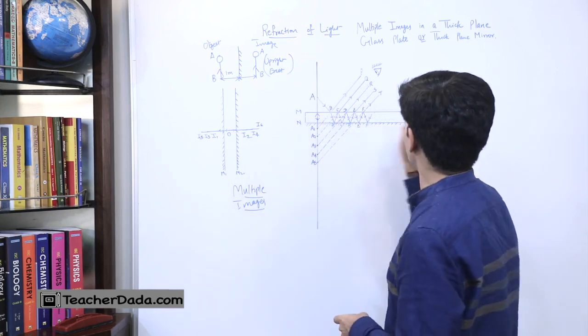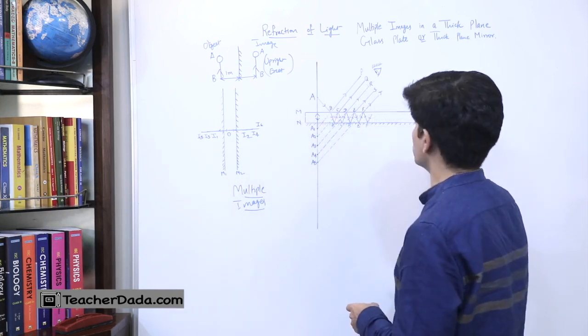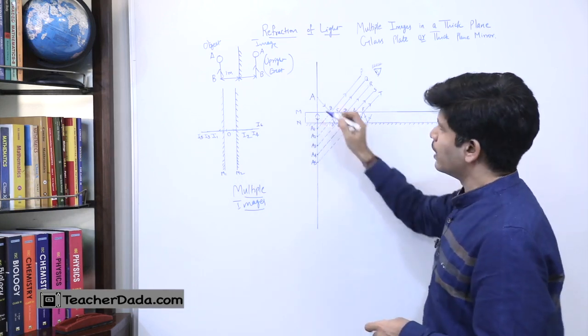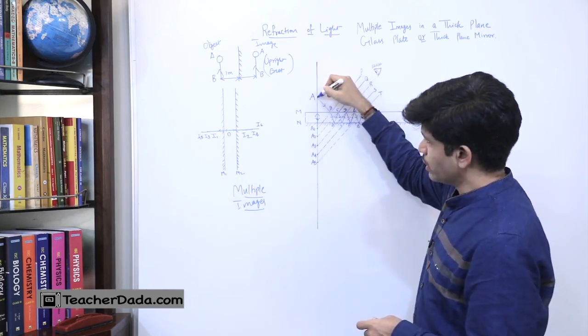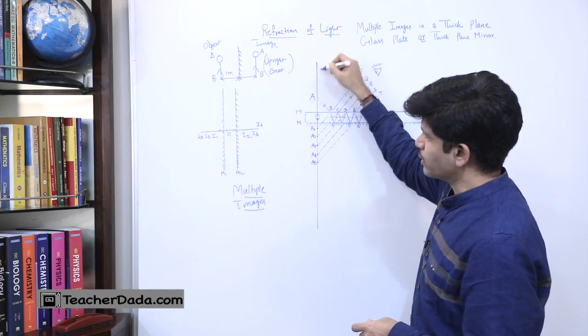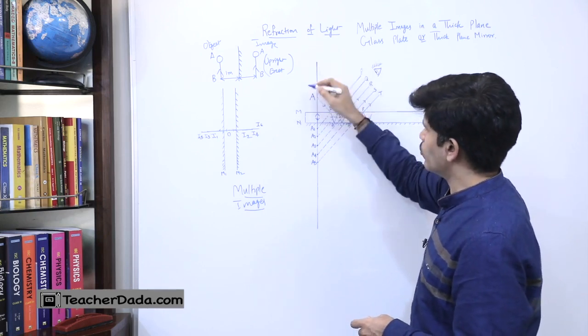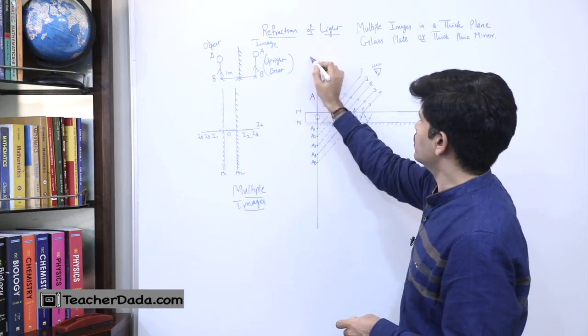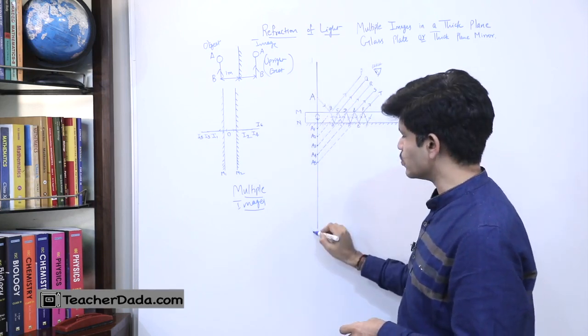Now we have a thick plane glass plate, or we can say a thick plane mirror, and that is L, M and P. Over here we have taken an illuminated object on this line. If you want we can label this line also, and let us write it as UV.